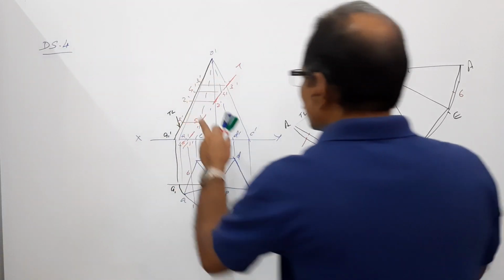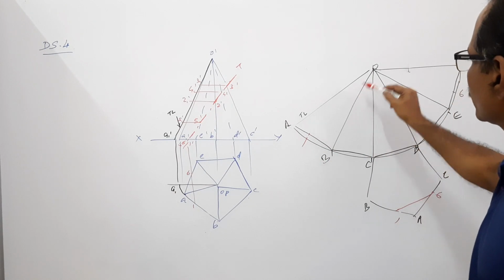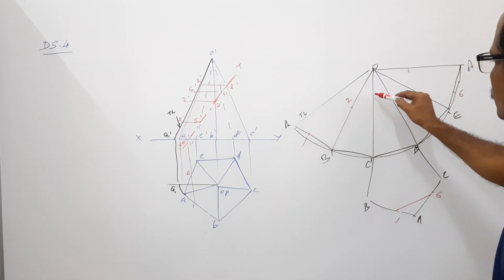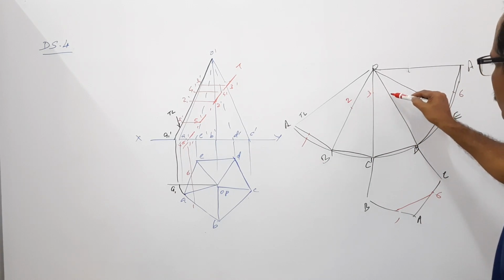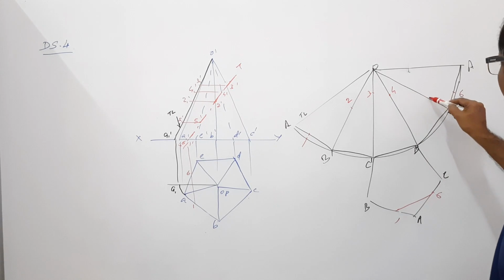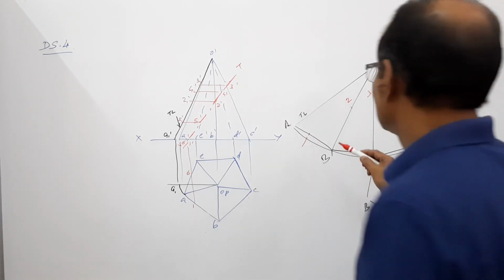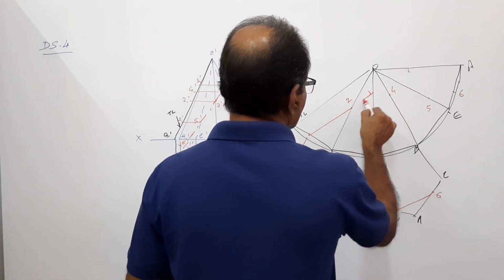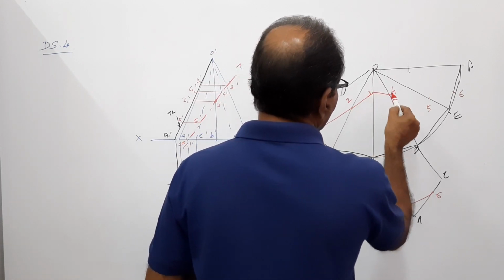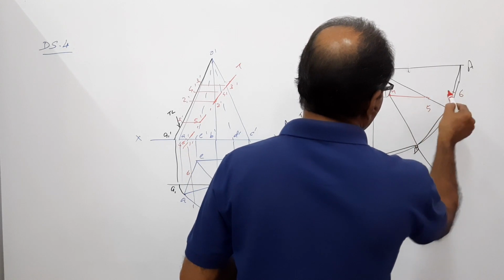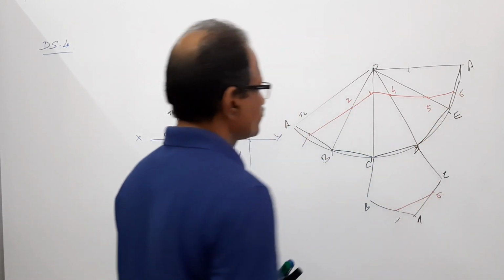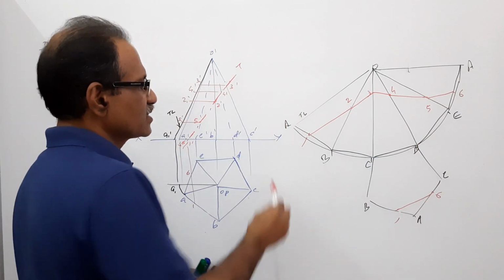Take O dash 2 dash 1 dash and mark it on OB; then mark 3, 4, 5. Connect them: 1 to 2, 3 to 2, 4 to 3, 4 to 5, 5 to 6, all individual straight lines.